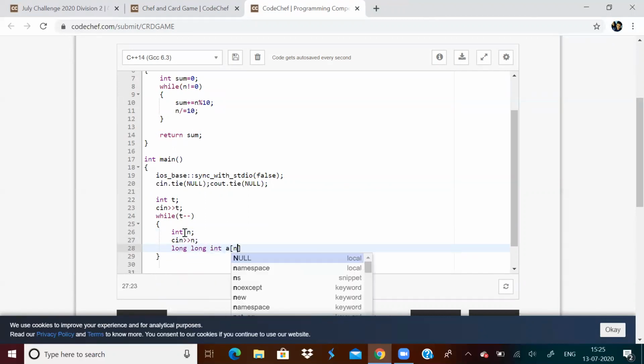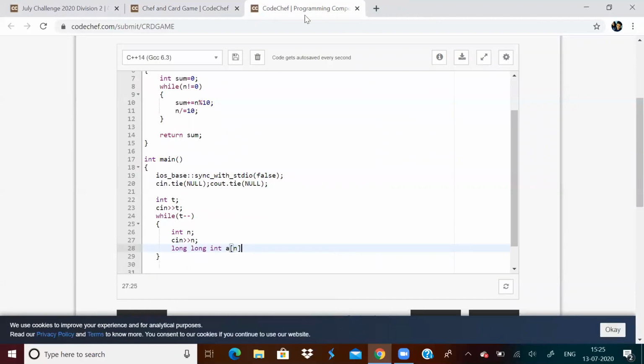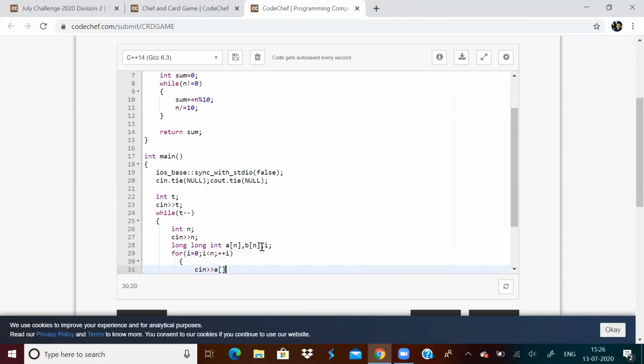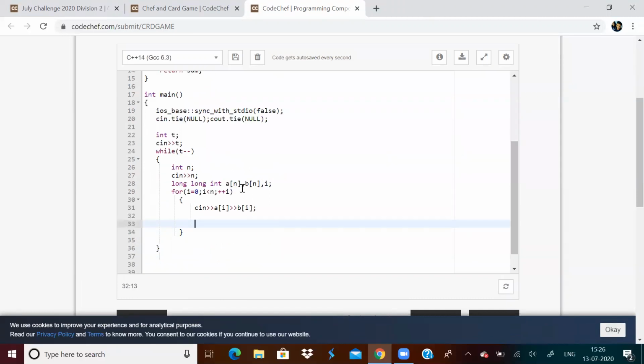So there are two piles, and we draw a card from the top of the pile. So in this loop only I will get the answer.